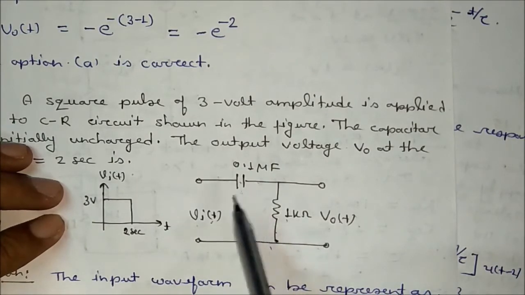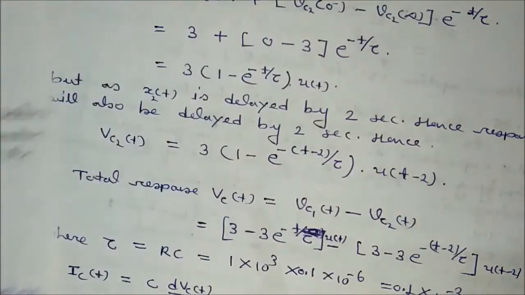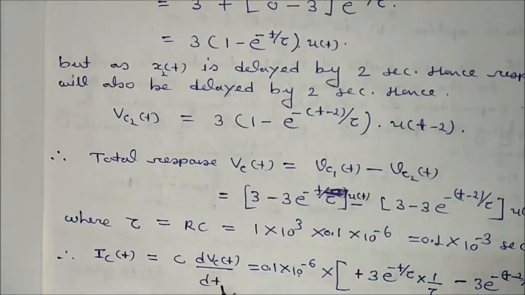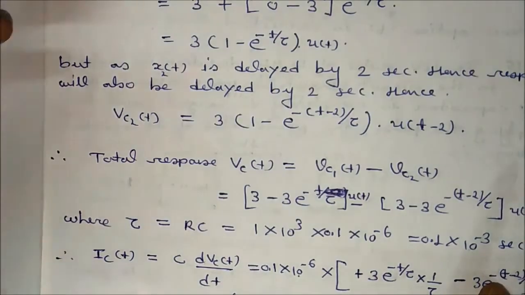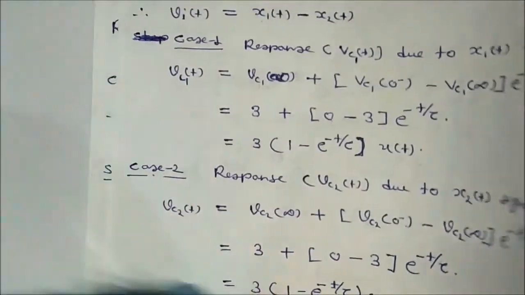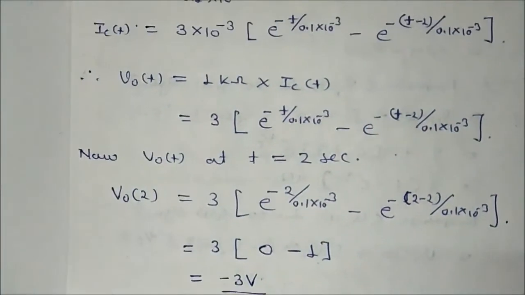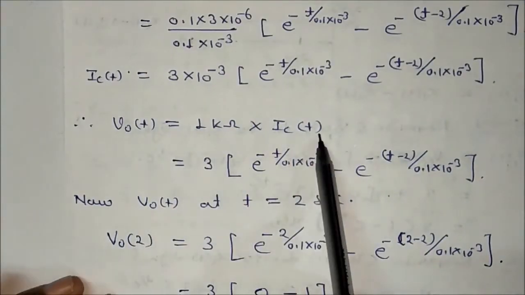So Ict will be C dVct by dt. If you differentiate it, you will get the value of Ict, and finally you just multiply Ict by 1 mega ohm. What you will get? You will get the value of V naught t.